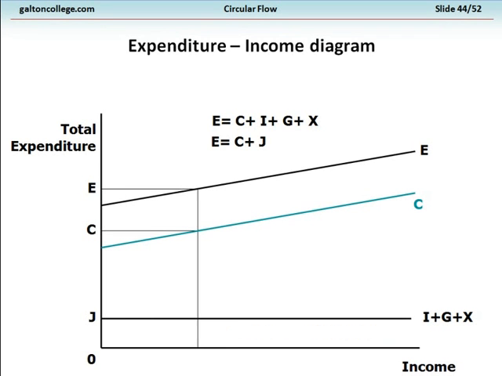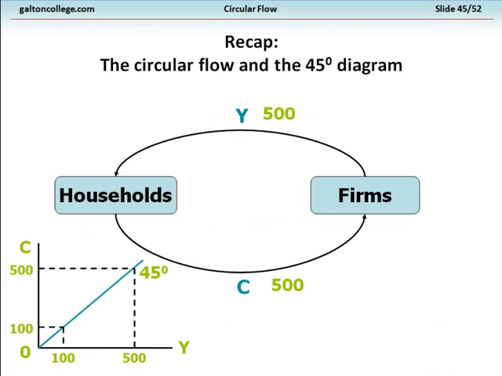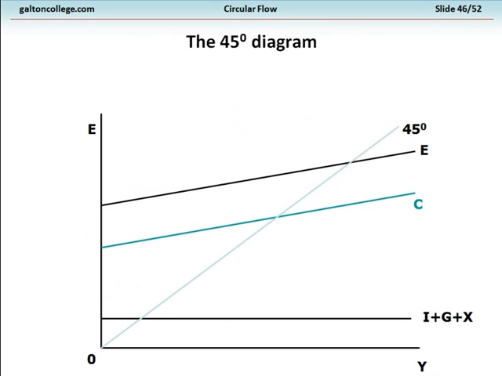Okay, so if we can go back to a diagram we had way back, this one here, where we had the 45-degree diagram, and I showed you how to develop the 45-degree diagram. We can do that here. We've got E. I've just changed time over here to Y, to income. Well, our consumption will rise as our income rises.